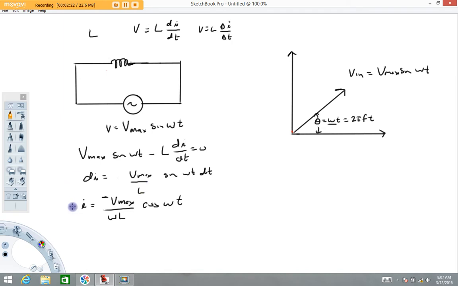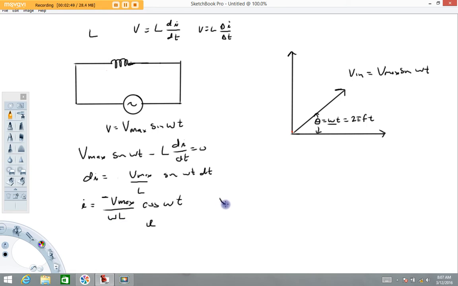So that's the only calculus step that we need for this video. The rest of this is very relevant for anyone watching. You'll notice here we have I equals V over something. An important thing to realize is that something has to have units of ohms, and it does. You've probably already watched my video on capacitors, and this is a similar type of thing. This has units of ohms. This is called a reactance, in this case the inductive reactance.